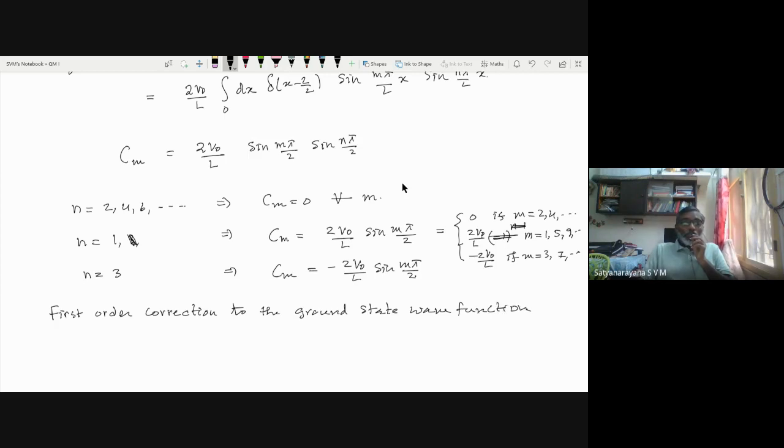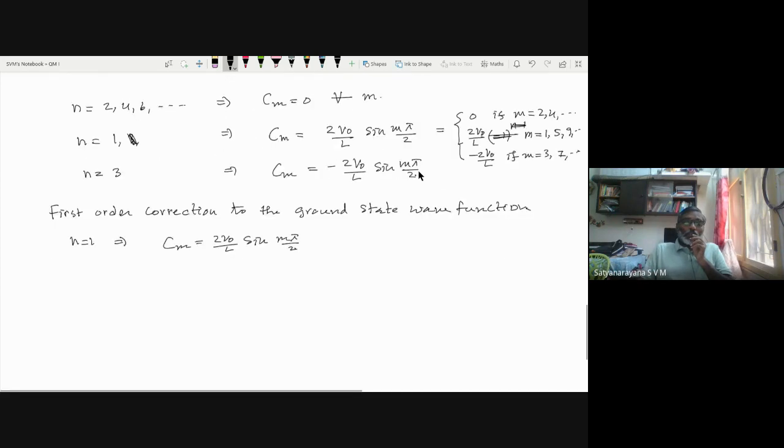That means your n is equal to 1, which implies your coefficients are equal to 2v naught by L into sine m pi by 2.